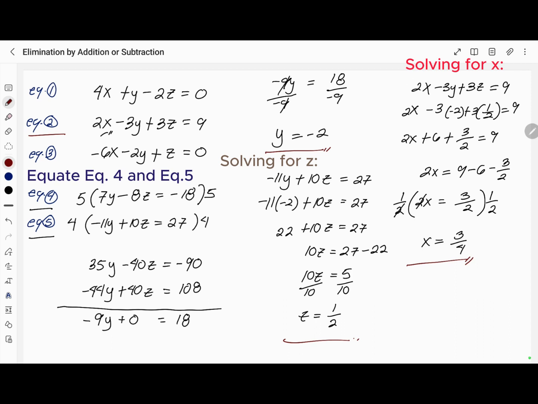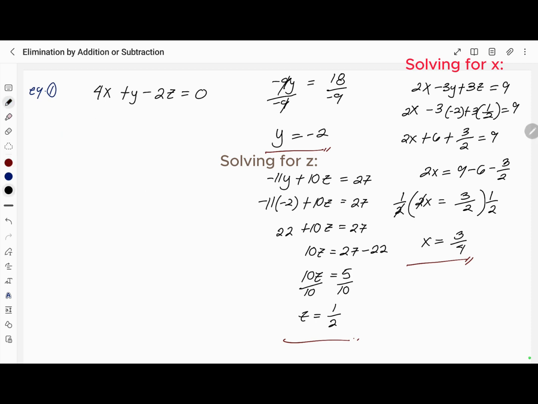Are we good? So this time we will check our answer. So let's choose equation 1. Equation 1 has 4x plus y minus 2z equals 0. Then substitute the values of x, y, and z. So we have 4 times 3/4 plus y, which is negative 2, minus 2 times z, 1/2.